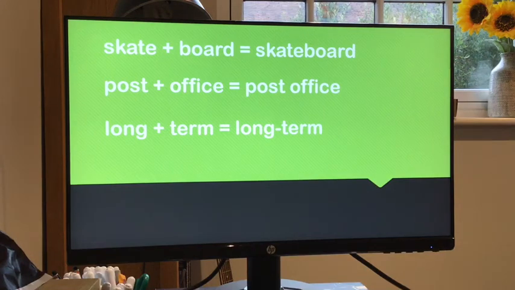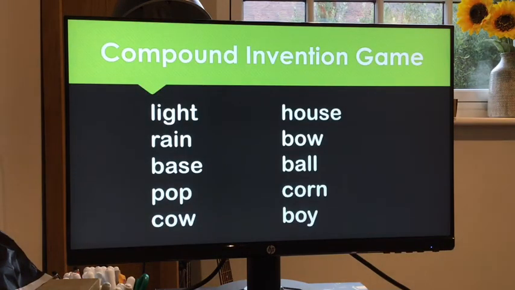Now, here I have a list of words that can very easily be joined to make compound words. So we could join light and house for lighthouse, rainbow, baseball, popcorn and cowboy. But you are playing the compound invention game.